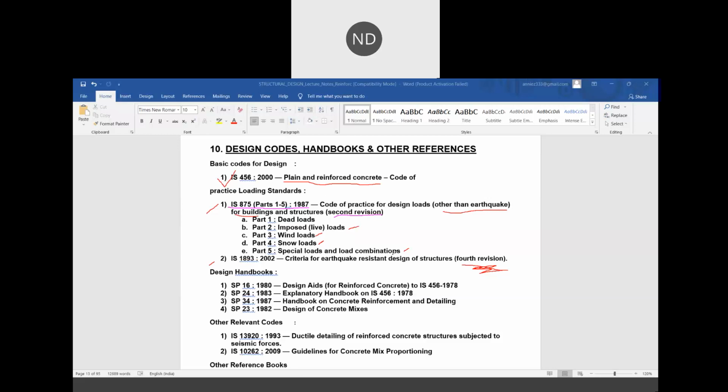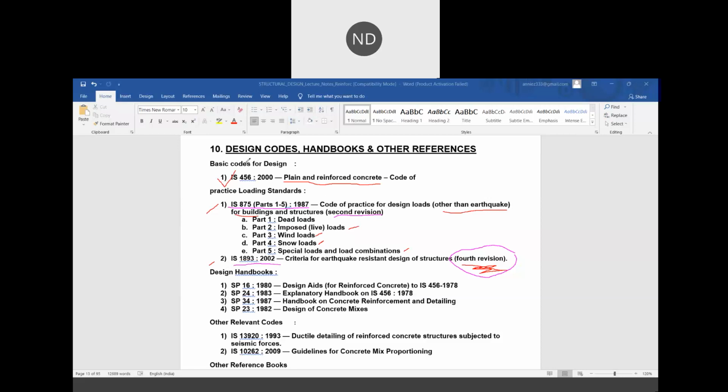Those changes are made here, and this is the fourth edition of your earthquake design IS, IS 1893 2002.